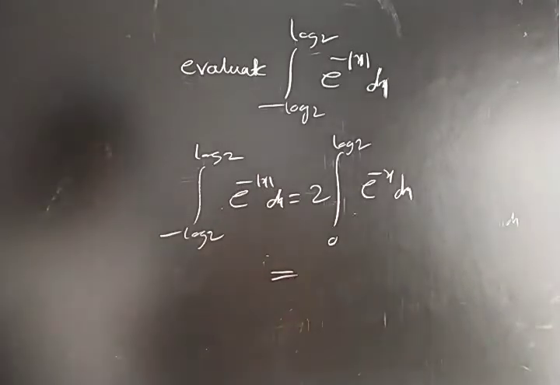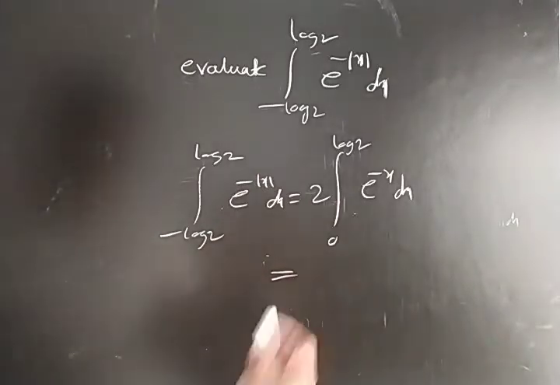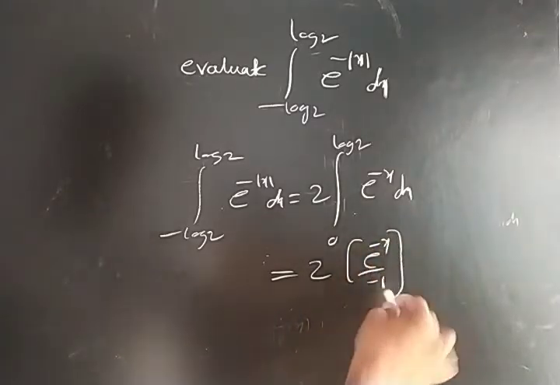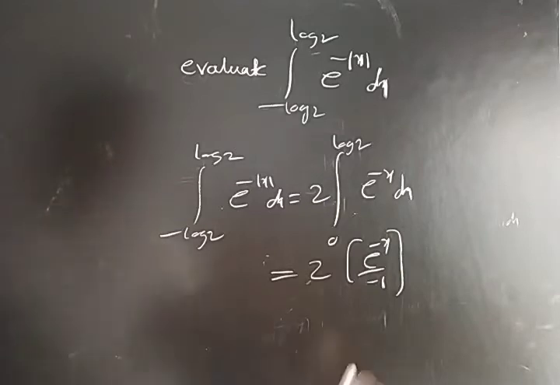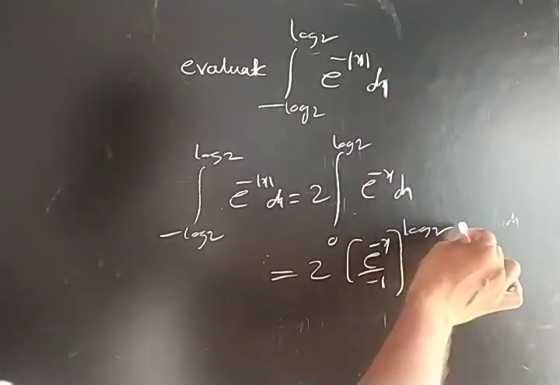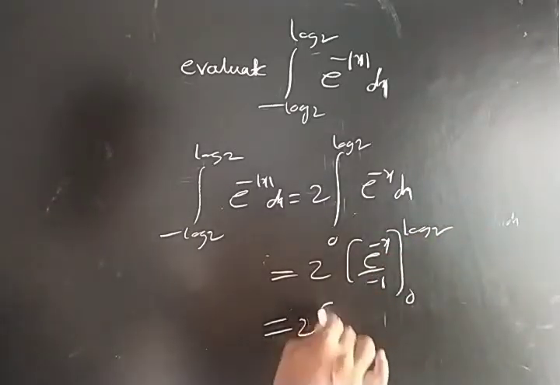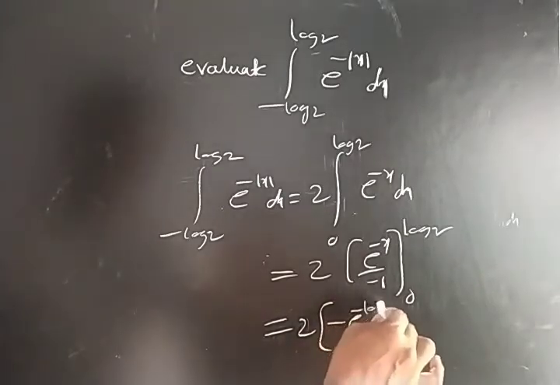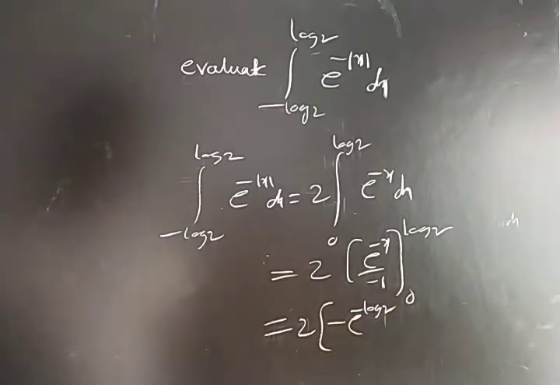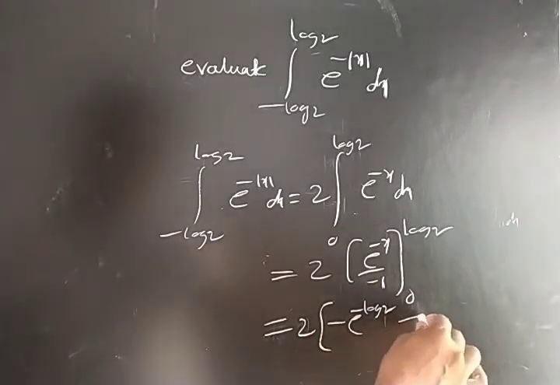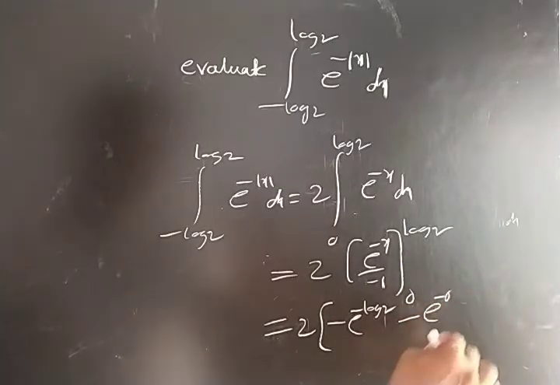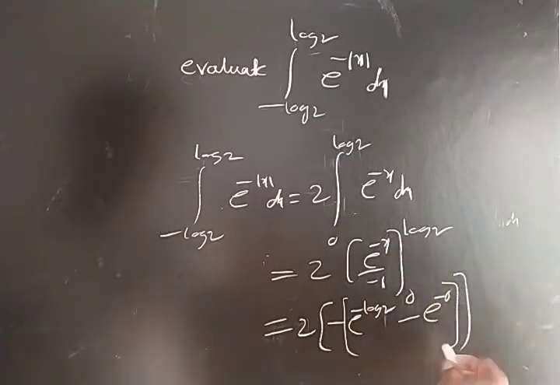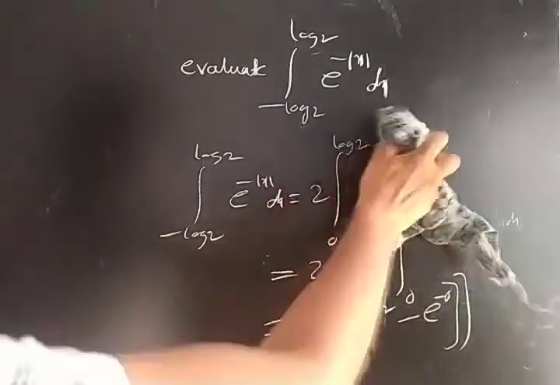So here the integration of e power minus x is e power minus x by minus 1, from 0 to log 2. So this will be 2 times minus e power minus log 2 minus e power minus 0, upper limit minus lower limit.